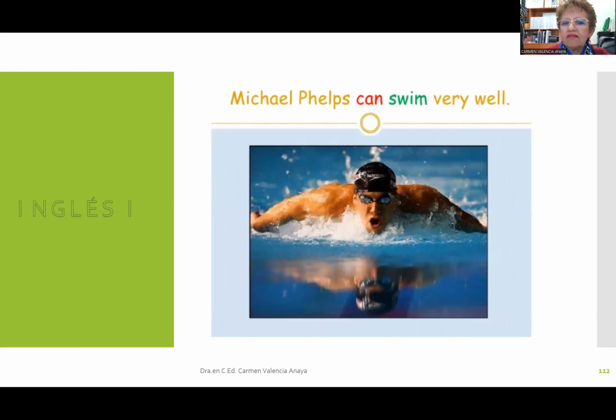For example, Michael Phelps can swim very well. If you can see, in this case, can refers to an action, a possibility. In this case, it's an ability to do something. For example, Michael Phelps can swim, puede nadar.